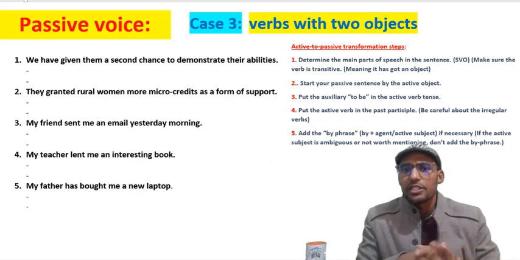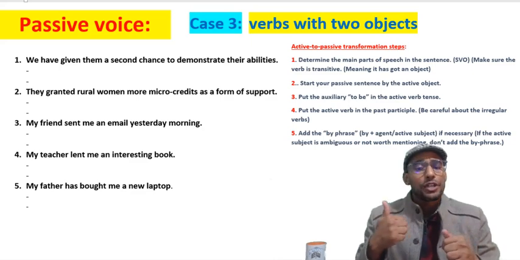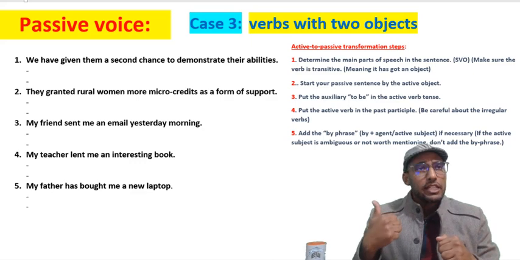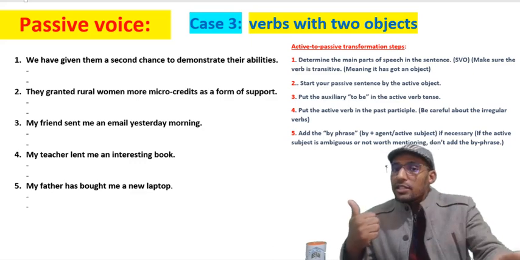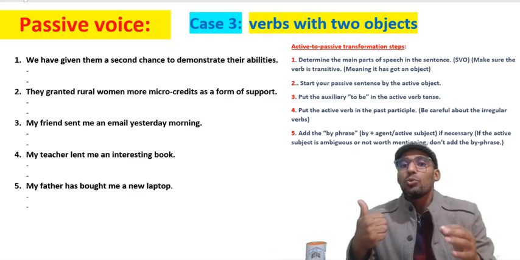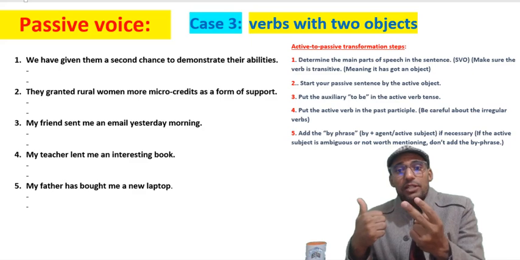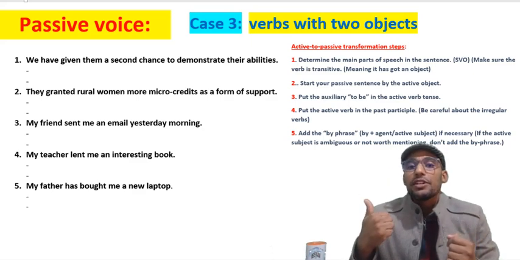Let me seize this opportunity to remind you again of these steps. Number 1, we got to determine the parts of speech and the SVO, basically the subject, verb, and then objects. In this case, the only difference is that we're going to have a verb with two objects.